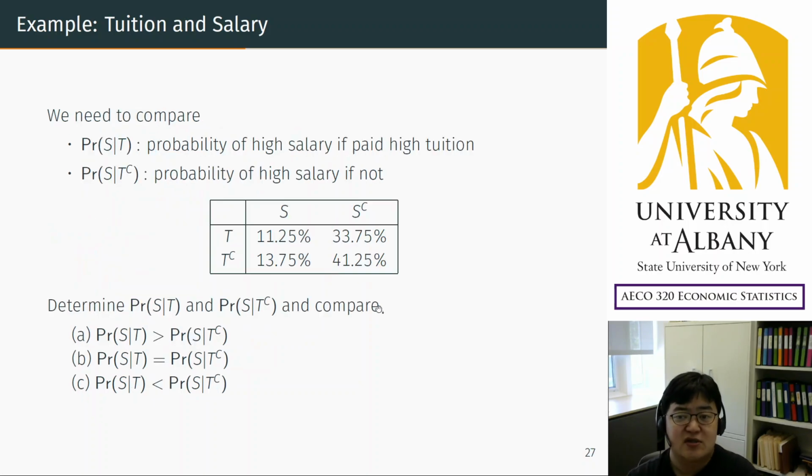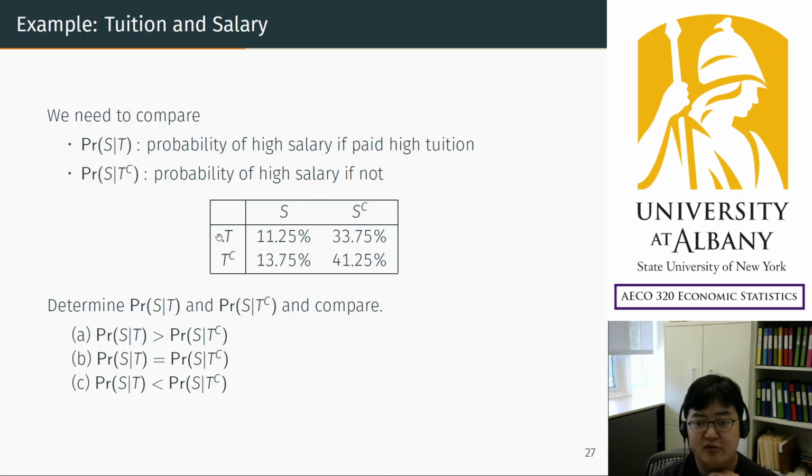Okay, so once we set up the problem and what we need to know, now look at the data. And I made up numbers again. It's fake data, fake numbers. And we have the usual 2 by 2 probability distribution table.